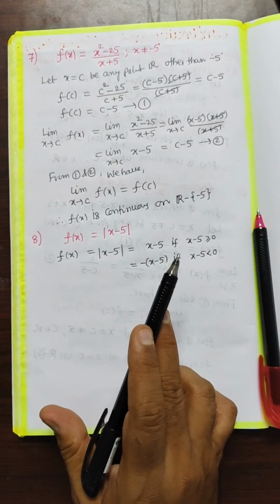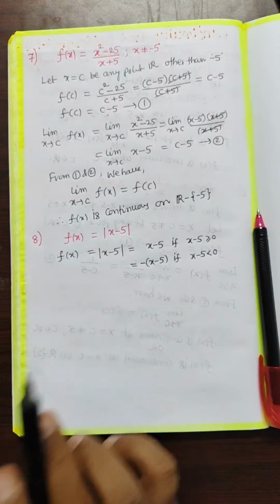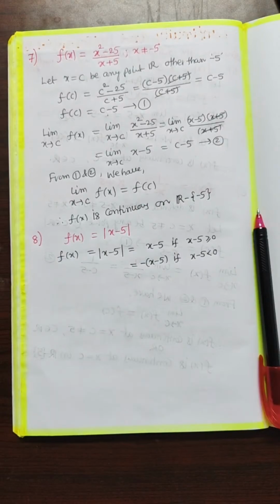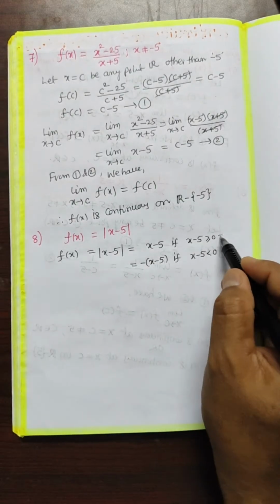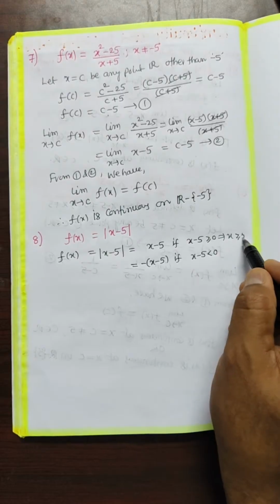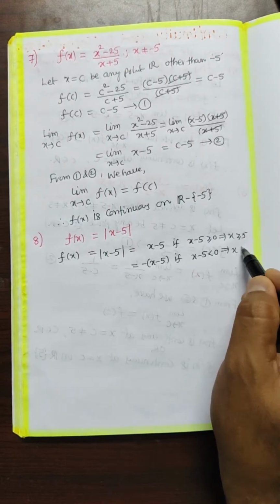Check the continuity at the turning point. Here it is given as 5 now. So clearly they mentioned the conditions. So x minus 5 is greater than or equal to 0 indicates x is greater than or equal to 5, and the other indicates x is less than 5.